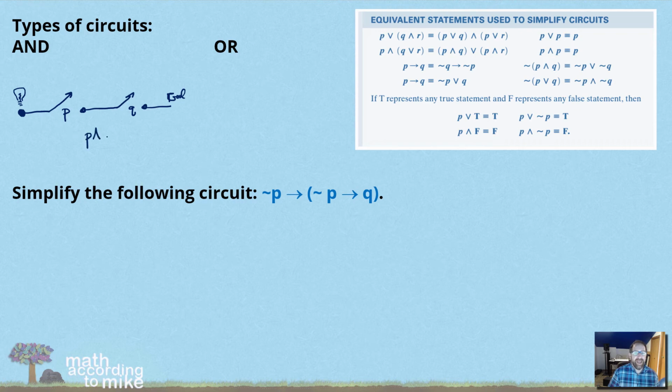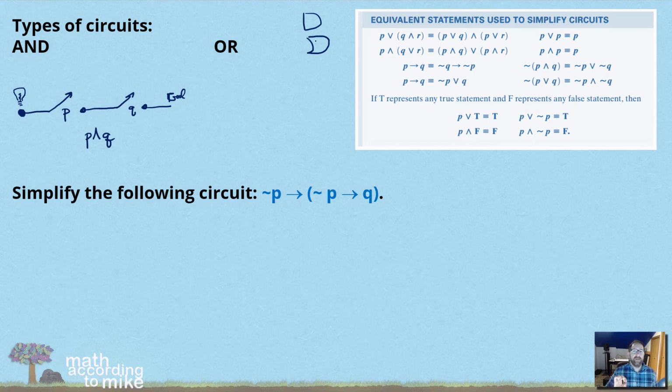So P and Q. We're going to use the notation that we have established so far in this chapter. If you go into circuit building, logic gates, and so on, you're going to see some other notation. I think this is an and then I think this is an or.